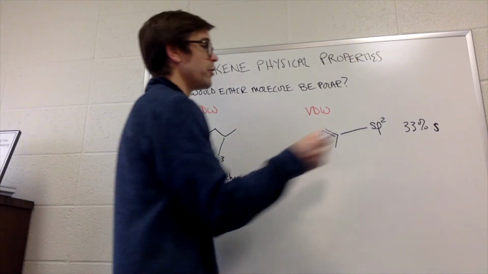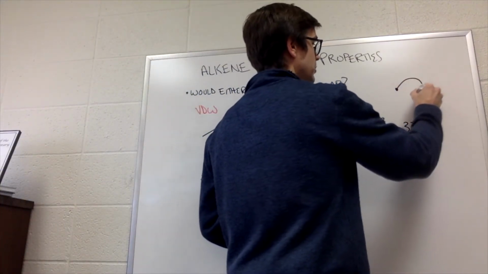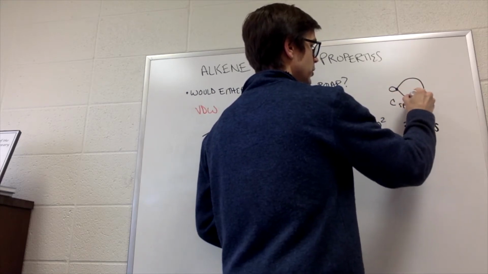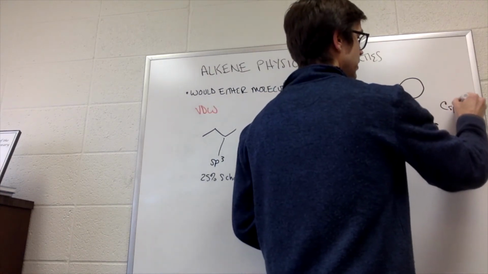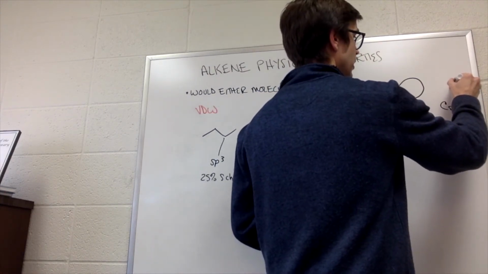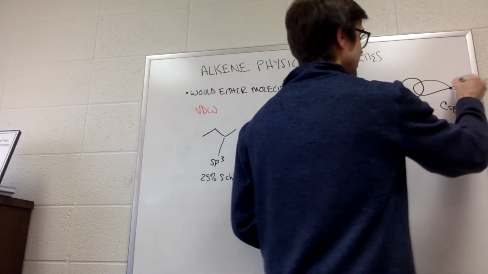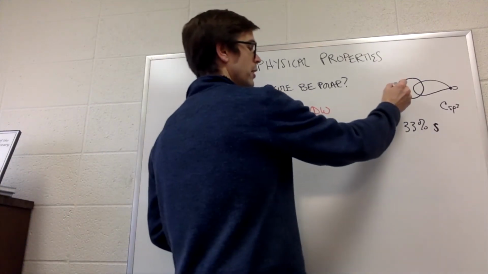So if we had a carbon that has an sp2 orbital, so this is a carbon sp2, bonded to a carbon that is sp3, that carbon is going to have a longer, less tightly held bond. So this would be the carbon of the alkene.